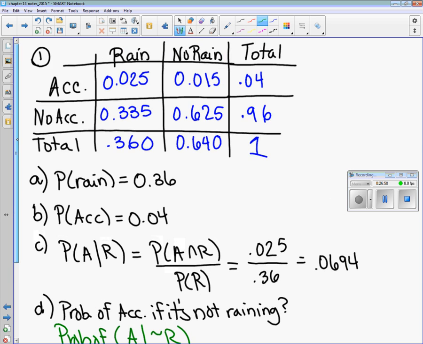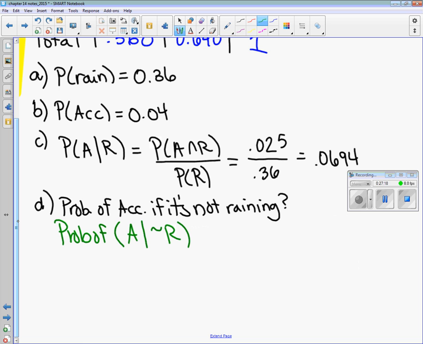Well, accident and rain divided by, sorry, accident and no rain, right? So 0.015 divided by 0.64. Oh, I didn't write that down right.